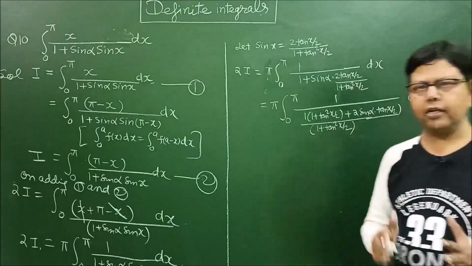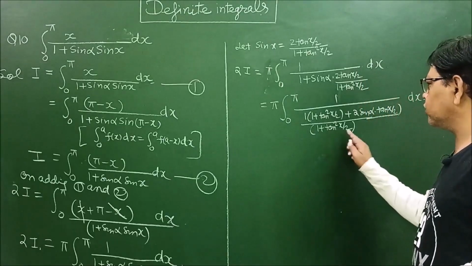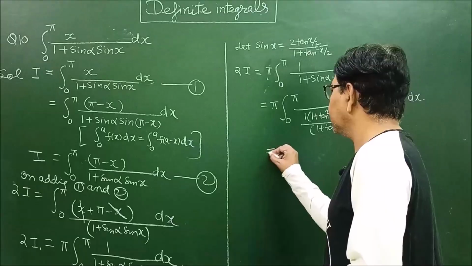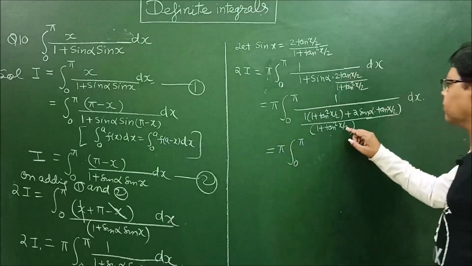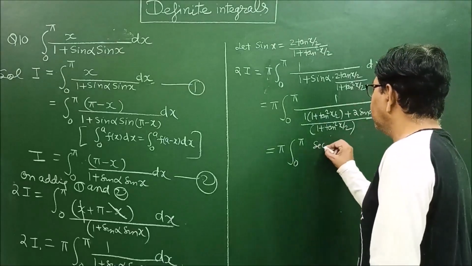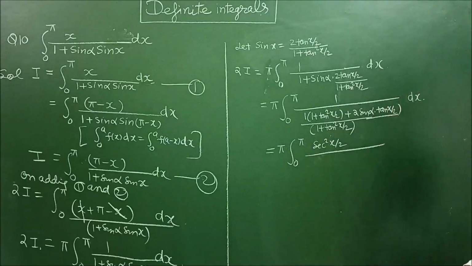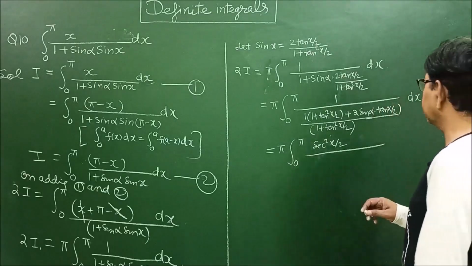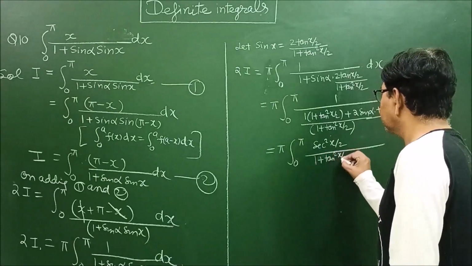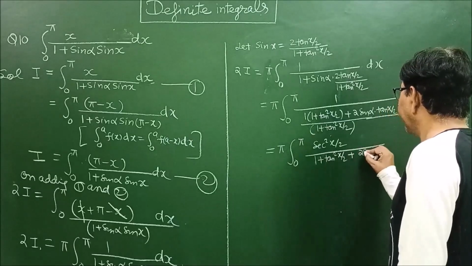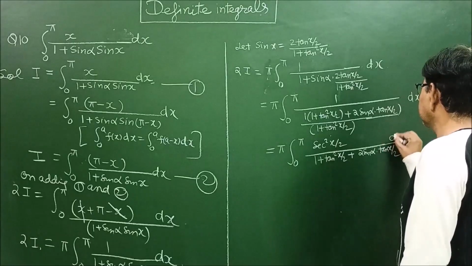As you know 1 plus tan square theta is equal to sec square theta, so 1 plus tan square x by 2 is equal to sec square x by 2, and we can write this as pi integral 0 to pi, and this sec square x by 2 will be in the numerator. Now sec square x by 2 upon 1 plus tan square x by 2 plus 2 sin alpha into tan x by 2 dx.